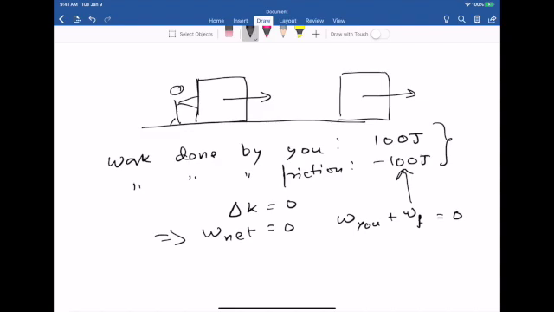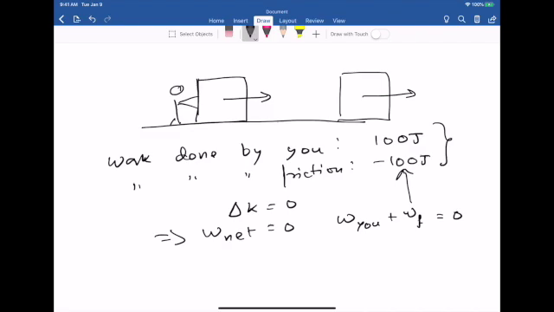That energy was stored in your body in chemical form, in various chemical forms, glycogen, fat, stuff like that. And then using ATP, you were able to convert that energy from chemical form into the kinetic energy of the box, right? So that 100 joules of energy came from you. It was supplied by you.